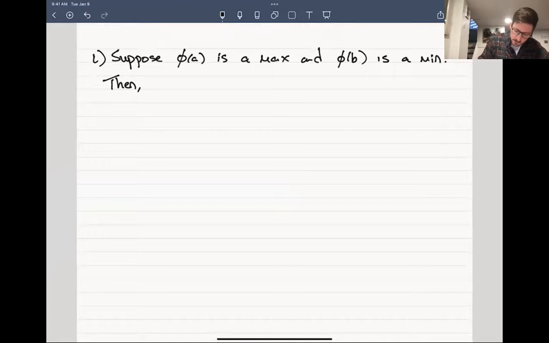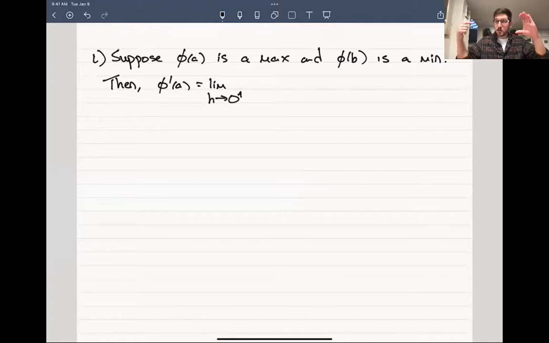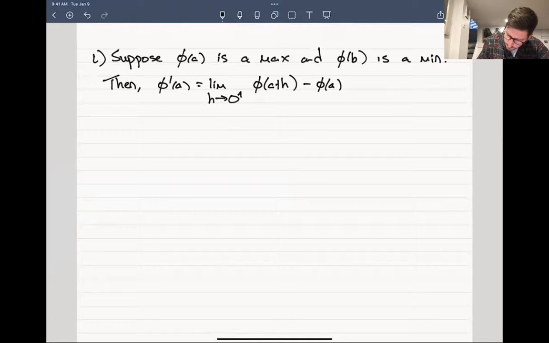Well, we're going to find that there's a massive contradiction here. If I take the derivative at A, this is the limit as h goes to 0, of course, from the right, because this is a closed interval, so I can only approach from one side. But this is phi of A plus h minus phi of A divided by h.